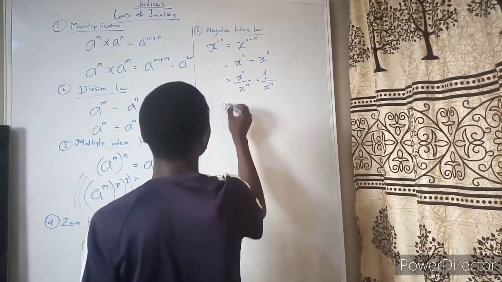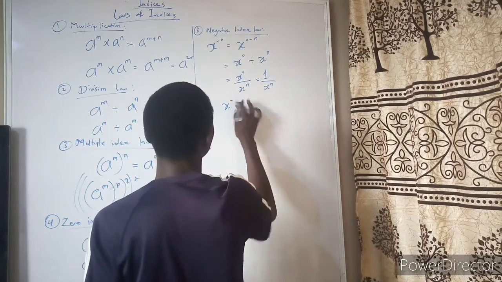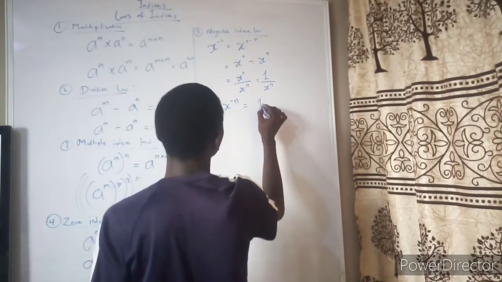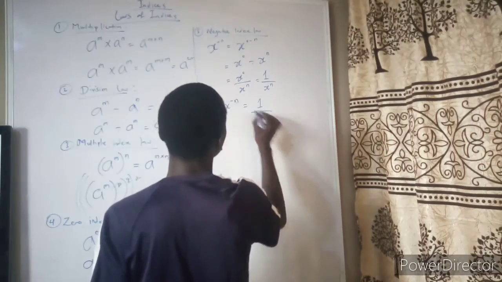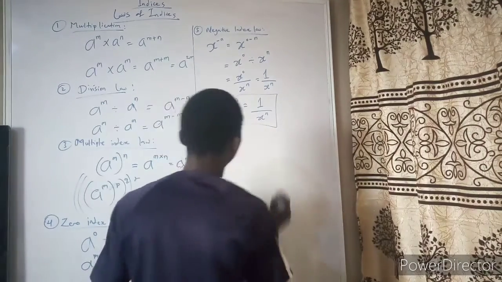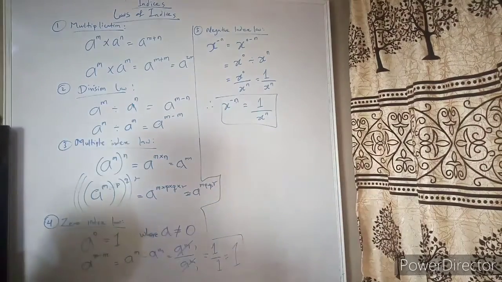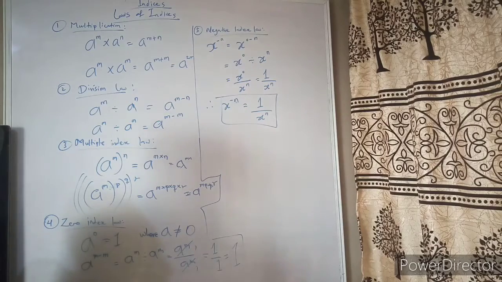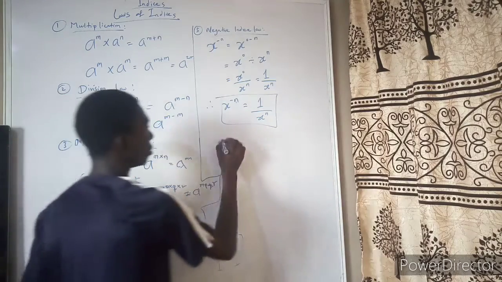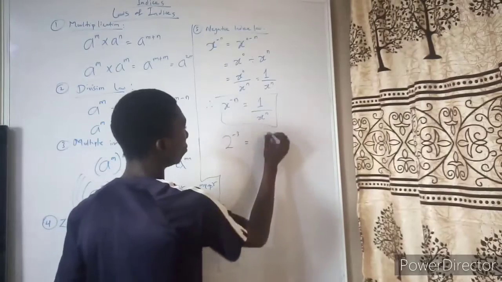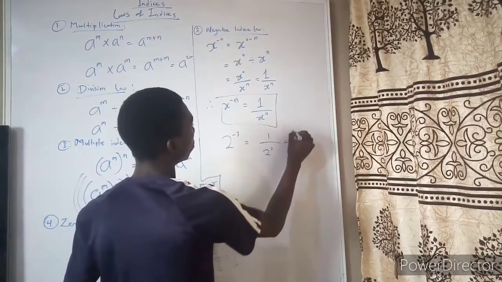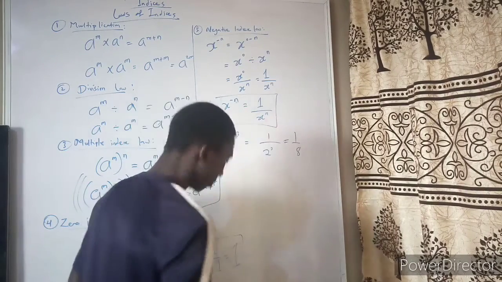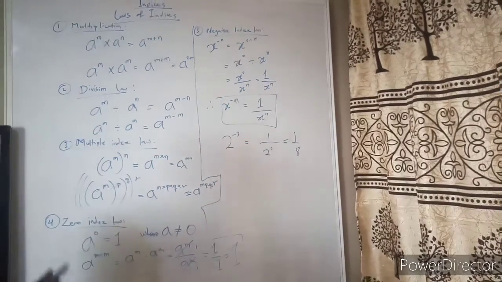Therefore x raised to power minus n is equal to 1 over x raised to power n. That's the law for negative index. For instance, 2 raised to power minus 3 is equal to 1 over 2 raised to power 3, which is 1 over 8. As simple as that.